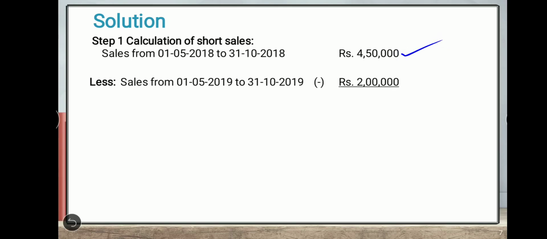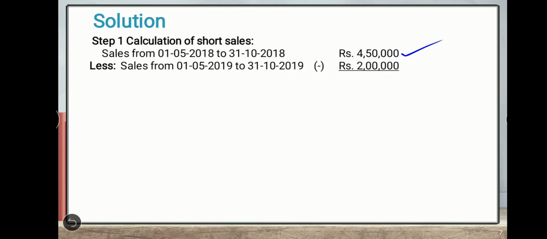Calculation of short sales. So sales for the dislocation period in the previous year, it means 4,50,000. Then sales in the dislocation period of current period, which is 2 lakh, it means the short sales is 2,50,000.